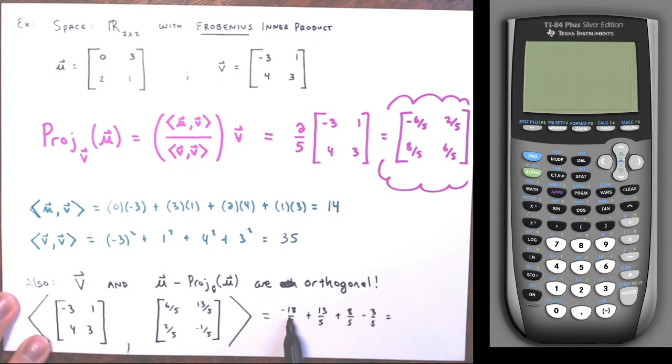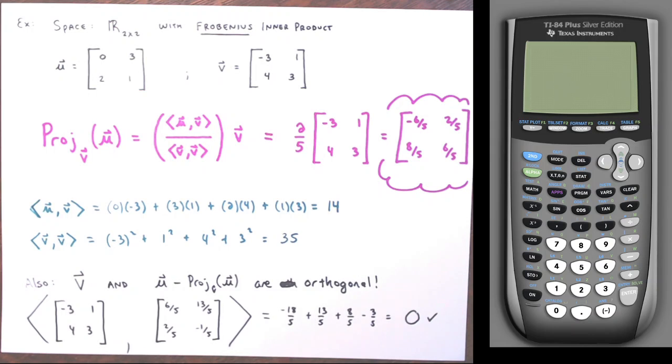And you see I've got negative 5/5 plus 5/5, that's 0. These two matrices are orthogonal. Great. So this is the projection vector. I think I did that correctly, and I know I did.